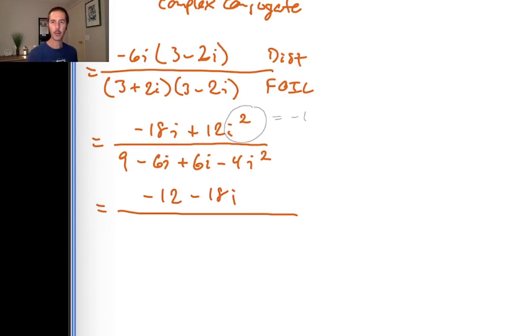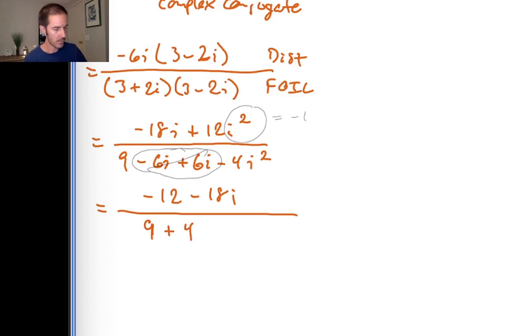In the denominator, the -6i and +6i are going to cancel each other out. If you want to put a line through them, you can. If you want to take my recommendation, circle them to indicate that they're going to be canceling each other out, or do it really lightly so that it's still legible later when you're reviewing these notes. And let's write this as 9 plus 4.